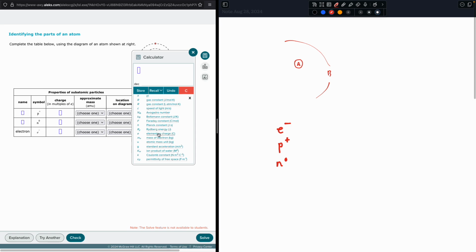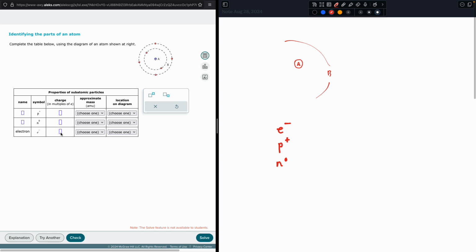Yep, that's the charge of an electron, and there it is, E. You don't have to know that necessarily, but the charge in multiples of E is going to be minus 1 times E. That's the first multiple of E, and negative. So it's minus 1 in multiples of E.